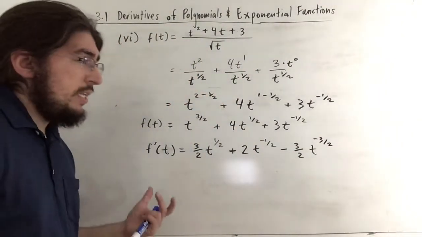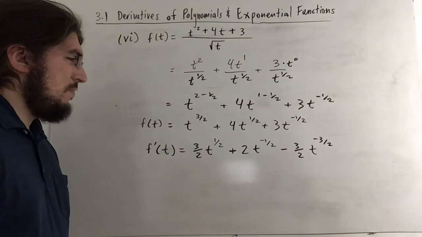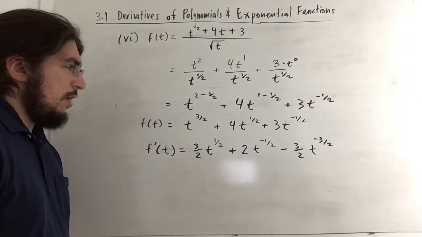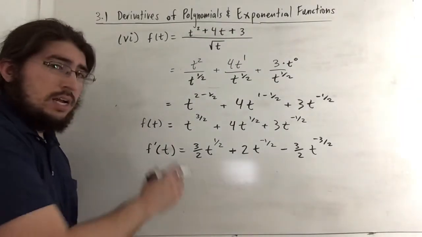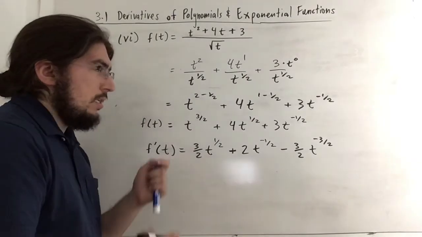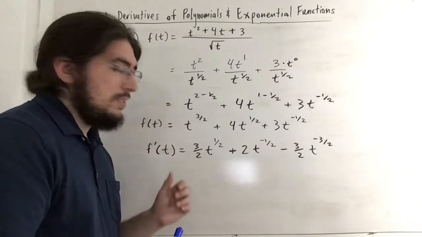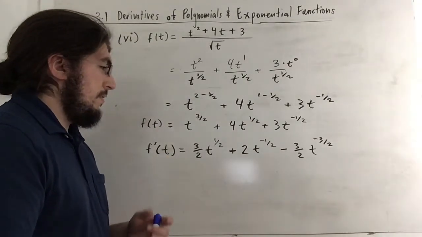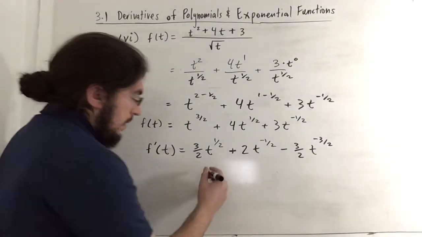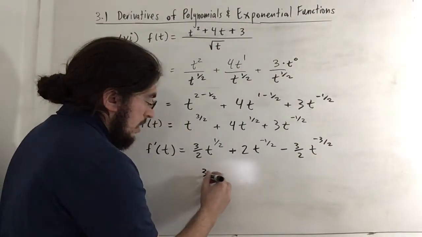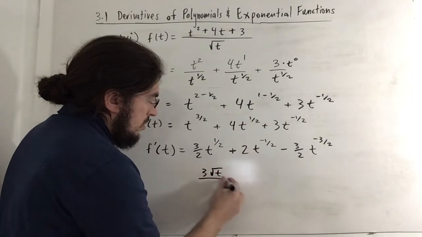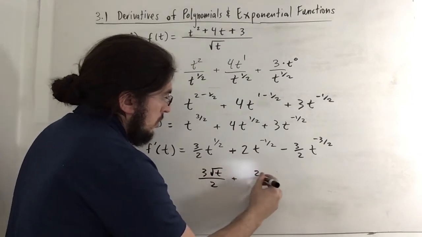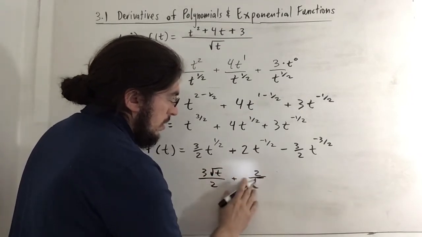All we really need to do, I guess, is combine these and rewrite them as non-negative fraction powers. I kind of don't want to do it, but we can. You can write this as 3 radical t over 2 plus 2 over radical t.